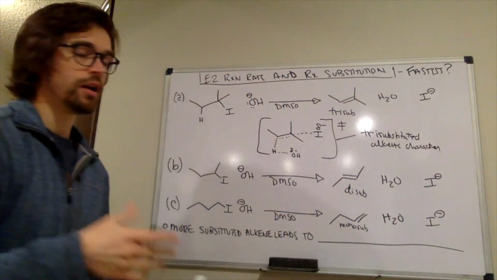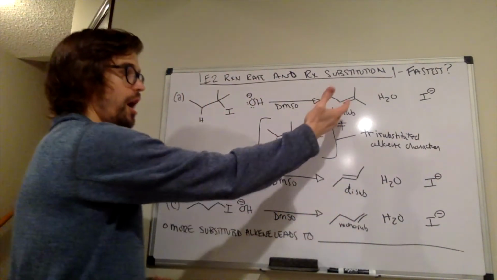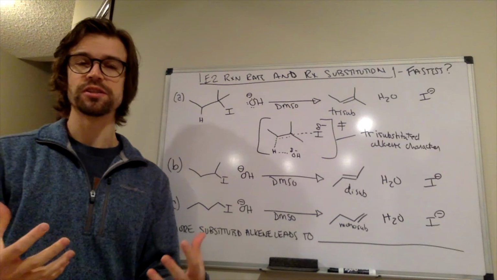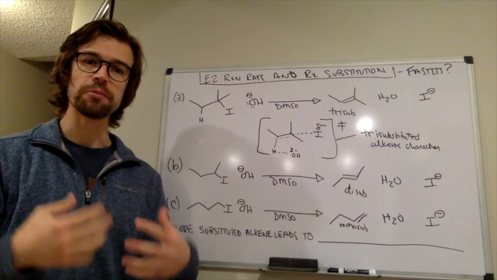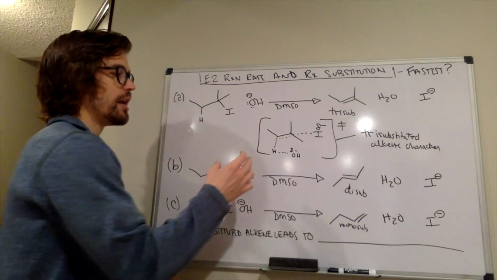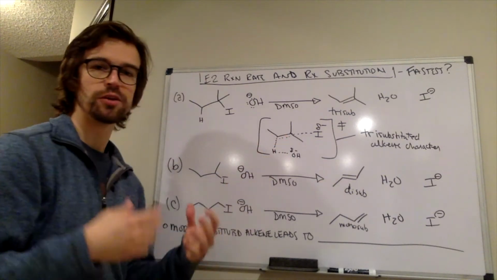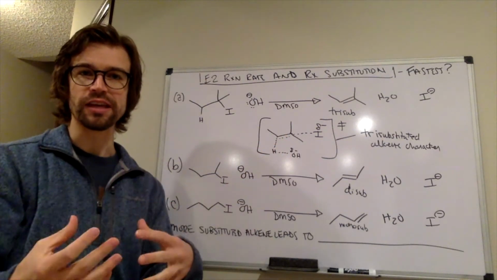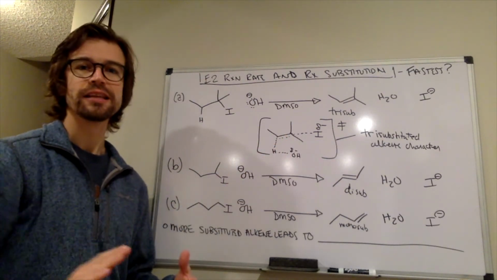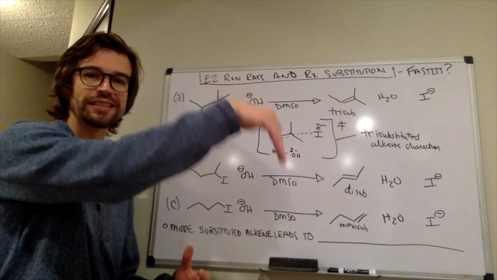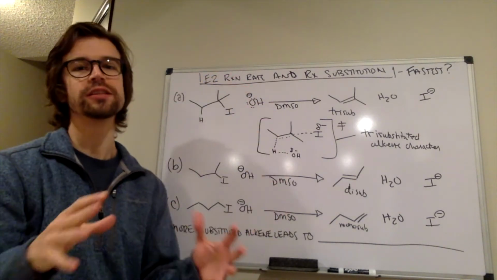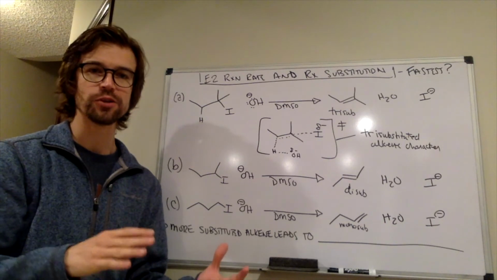And just like the product, having the most substituted alkene makes it the most stable product, having the most substituted intermediate partial alkene is going to make it have the lowest transition state structure. And that transition state structure relates to the activation energy.